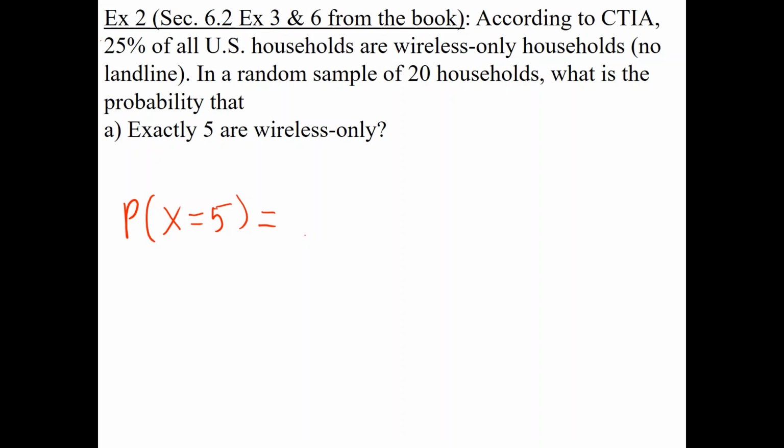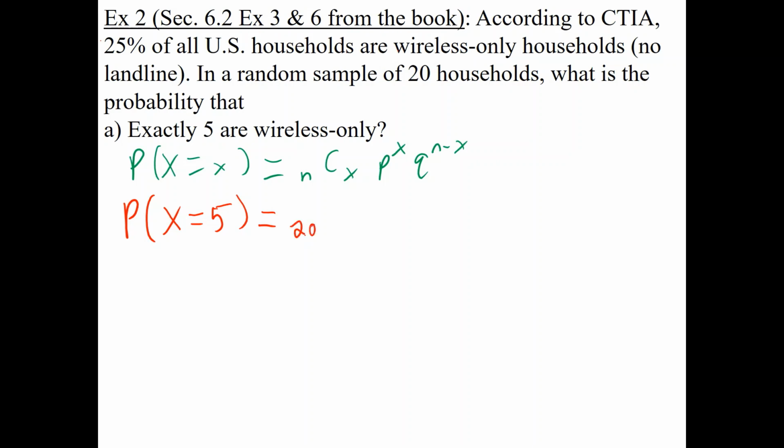Okay, now to figure out the answer, I'm going to write the formula above it. Here's the binomial formula for finding probabilities. The formula is nCx, p to the x, q to the n minus x. So you just fill in now. n, we said on the last slide, was 20. That's the total number of households we're selecting.